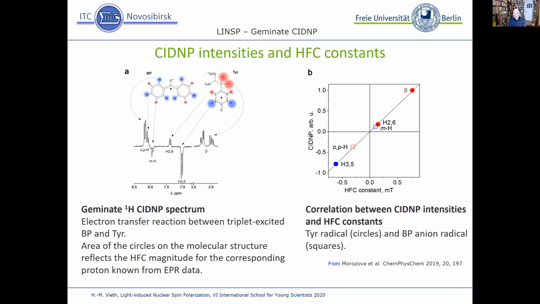This is shown on the right-hand side for the case of benzophenone as a dye and tyrosine as a sequential molecule. What you get is a hyperfine coupling in the benzophenone and in the tyrosine molecules.